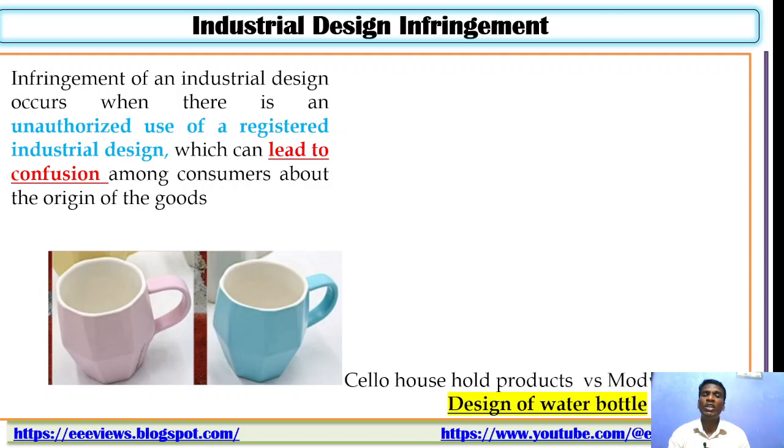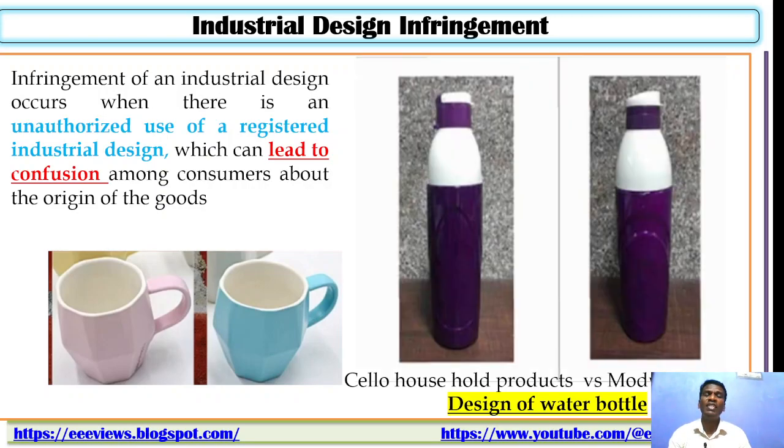So we will see a case study of Seller Household Product versus Modware India. Both these companies produce and design water bottles. Seller Household Product designed a water bottle, and they are selling the product. Modware also designed the same water bottle. You can see on the screen the same water bottle, and they are also selling.